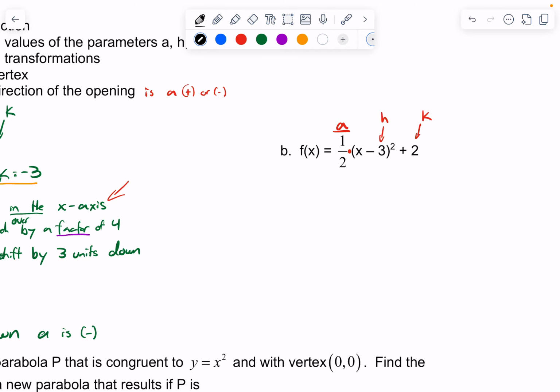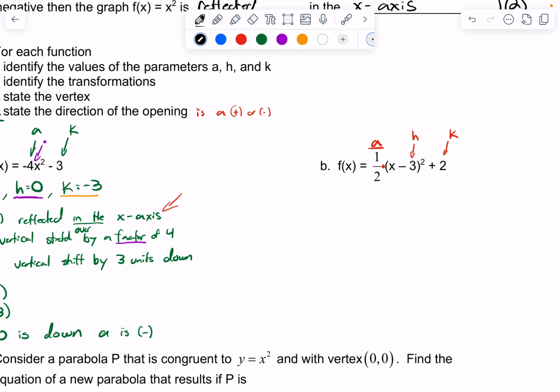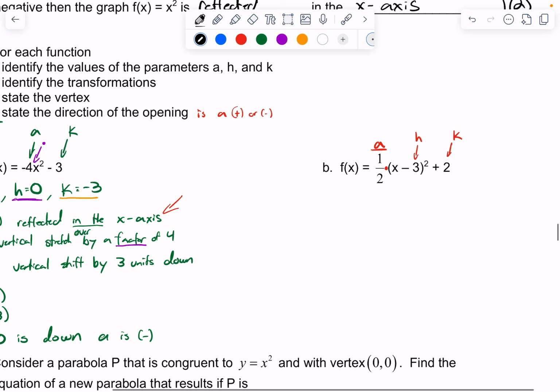So if we answer the questions again, identify the parameters. A equals 1/2. H equals, remember it's the opposite, so because you see a -3 there, h is +3. And then this is k.